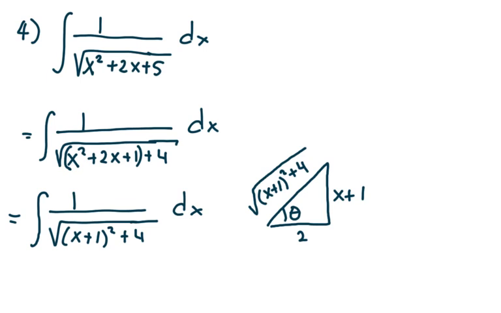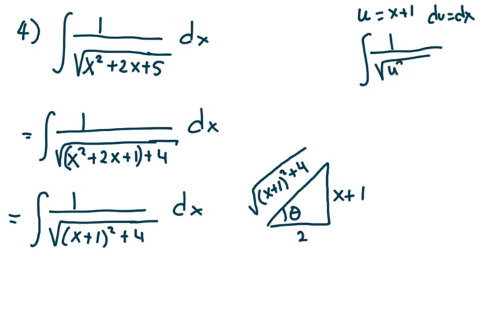Now, you don't have to do a u substitution. You can. So in other words, I could let u equal x plus 1, and then du is dx. And we could look at the integral of 1 over the square root of u squared plus 4 du.